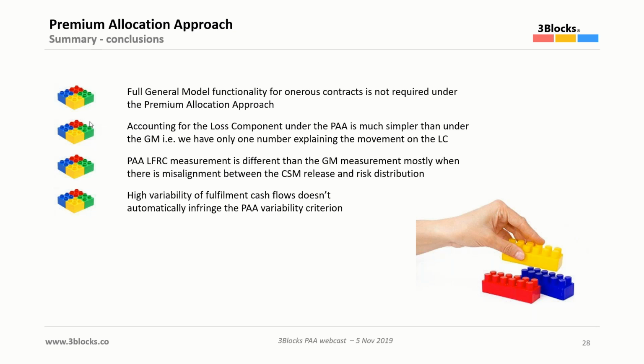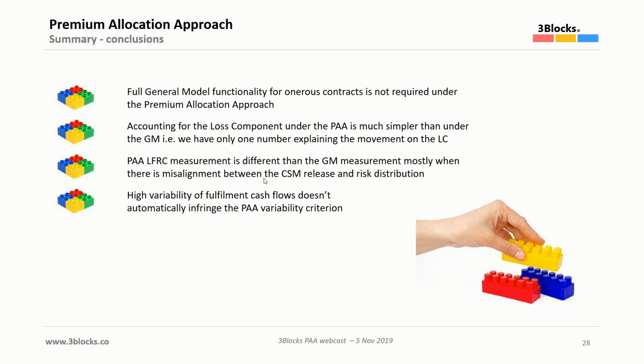The first one is that full general model functionality for onerous contracts is not required under the premium allocation approach. Some elements of the general model can be needed for onerous contracts, but the full-blown general model is not needed in our opinion.